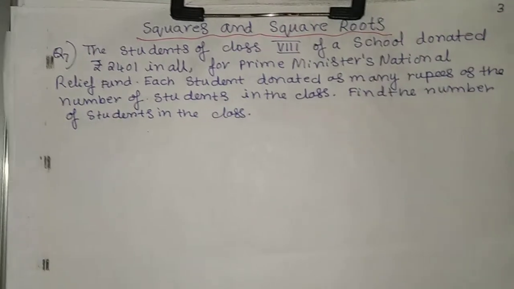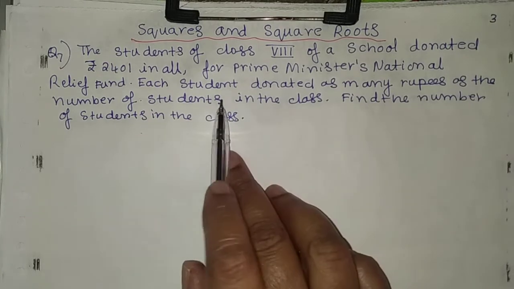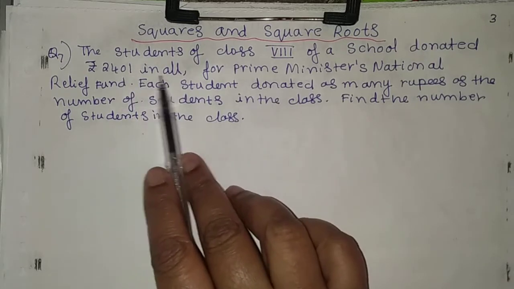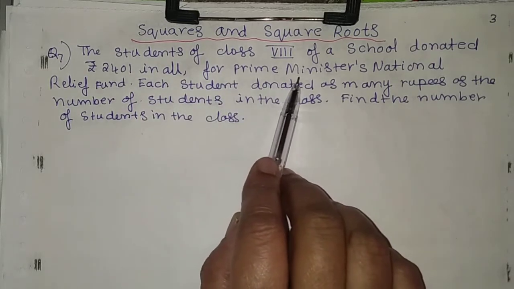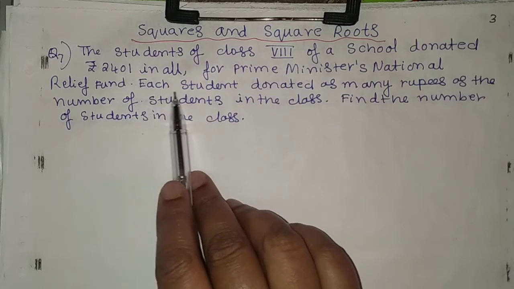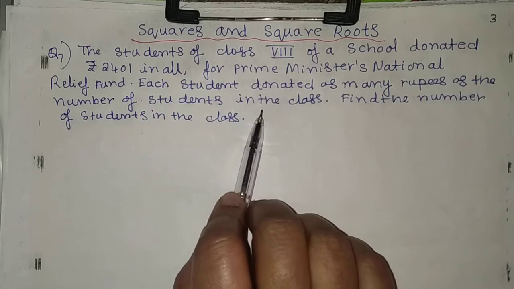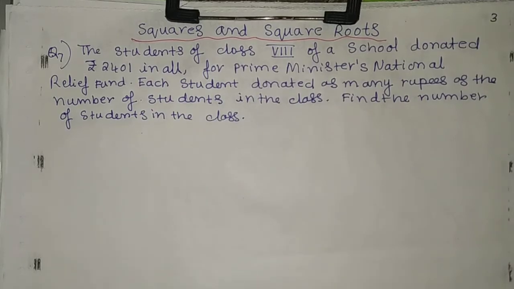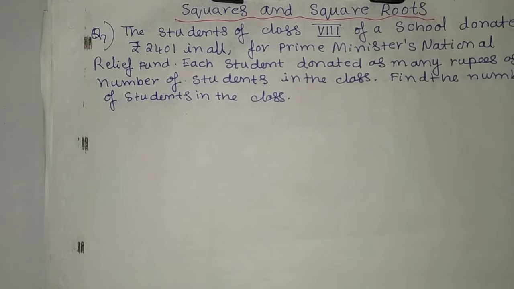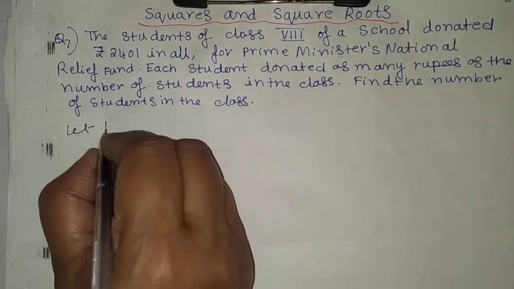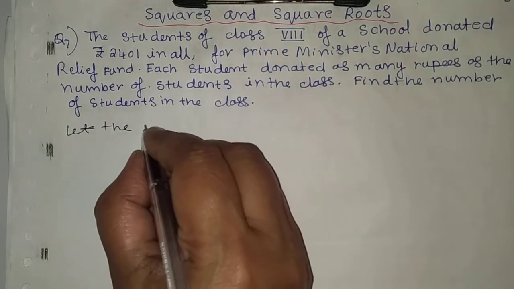We read the problem. The students of class 8 of a school donated rupees 2401 in all for Prime Minister National Relief Fund. Each student donated as many rupees as the number of students in the class. Find the number of students in the class. So we'll see the solution. So question is 7. First solution, we don't know the number of students in the class.